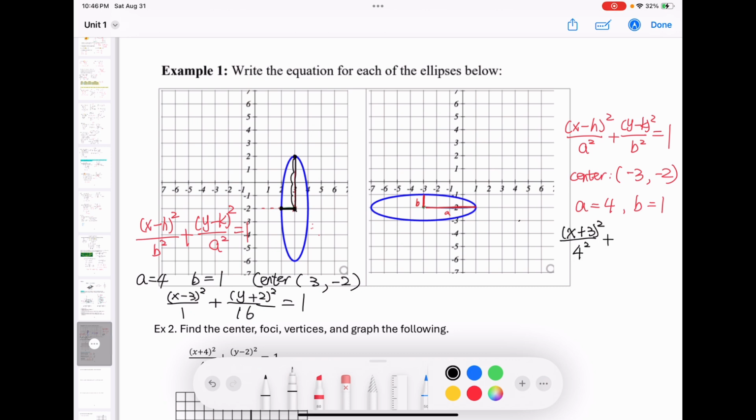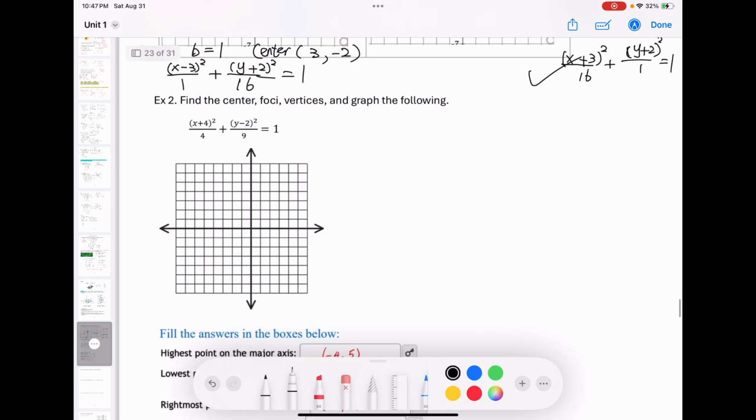Plus y minus k, minus negative 2, is y plus 2 squared, all divided by b squared, 1 squared, is equal to 1. If you have this, you are correct. You can also replace the 4 squared with 16 and simplify the 1 squared. So both of the equations are correct.